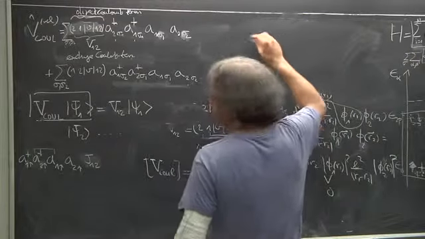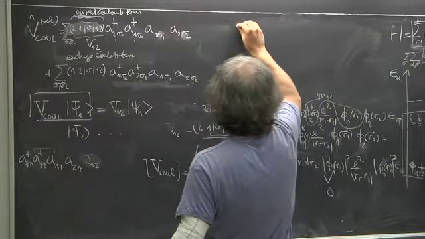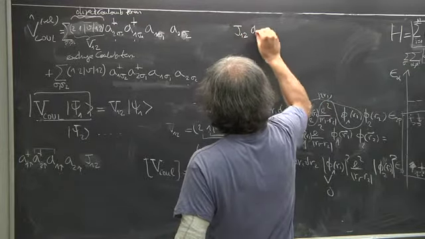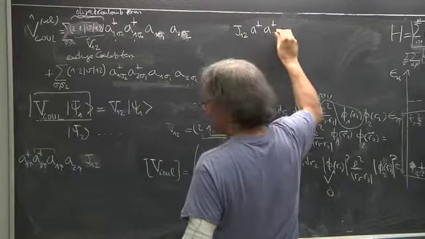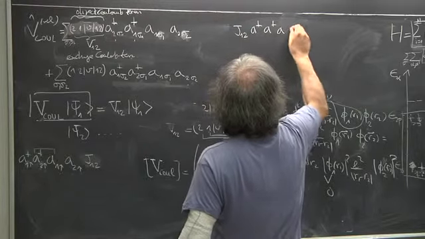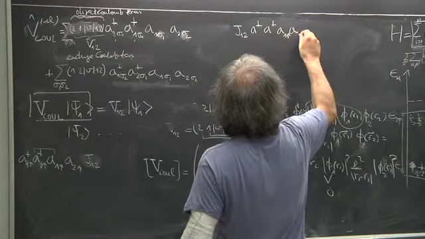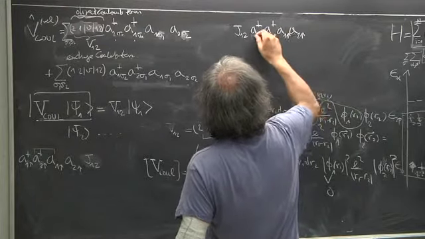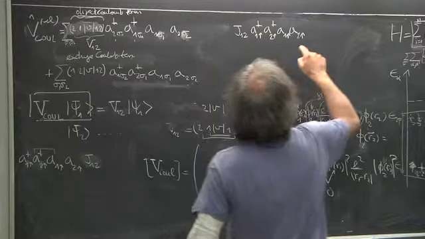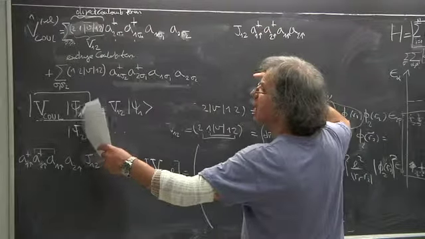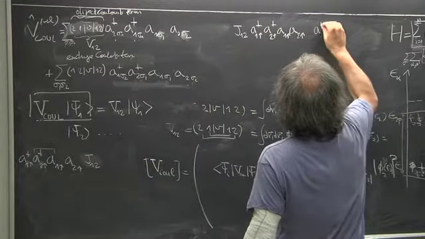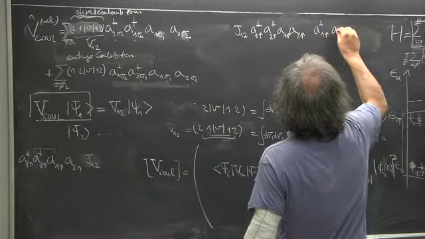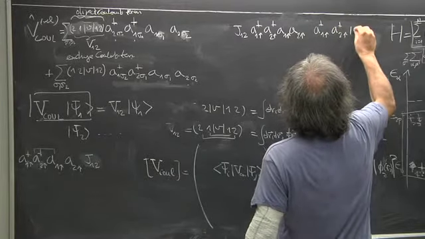So I do have this term. So I have J12, A dagger, A, where I have 1 up, 2 up, 2 up, 1 up. And I must act on psi 1, that is A dagger 1 up, A dagger 2 up, 0.